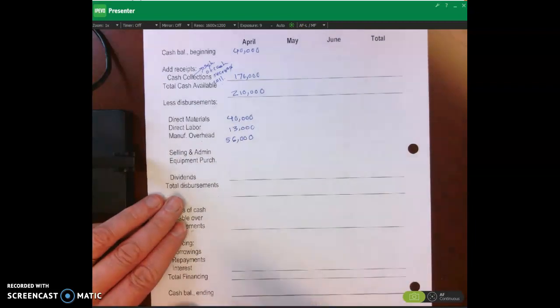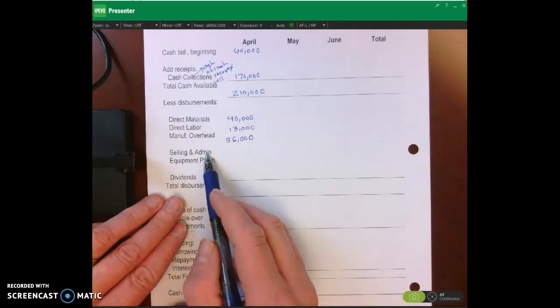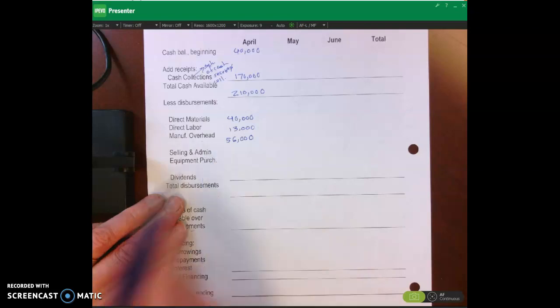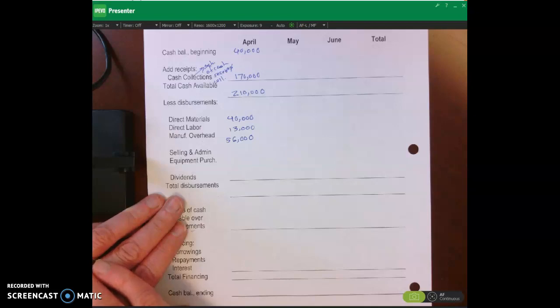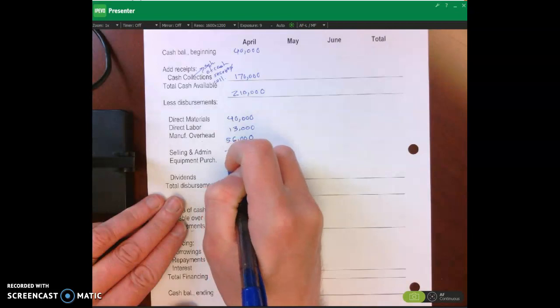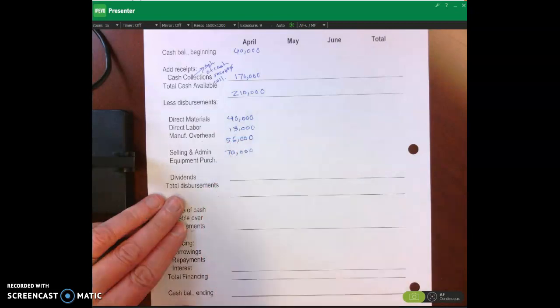For selling and admin, look at the selling and admin budget and specifically look at the line item for cash disbursements for selling and admin from the selling and admin budget that we did in this chapter, and you would see we're spending $70,000 in cash disbursements in April for selling and admin expenses.